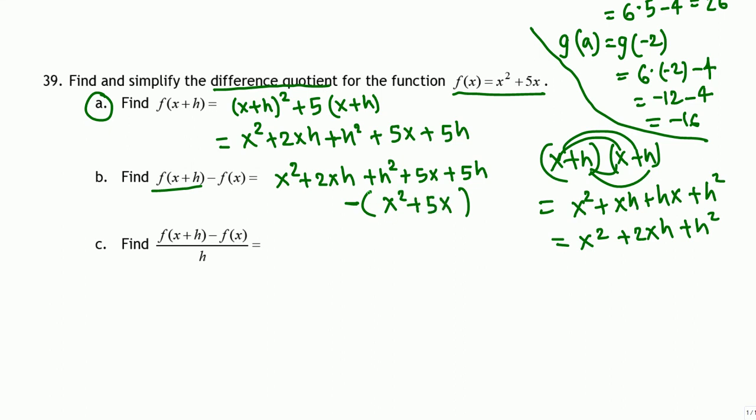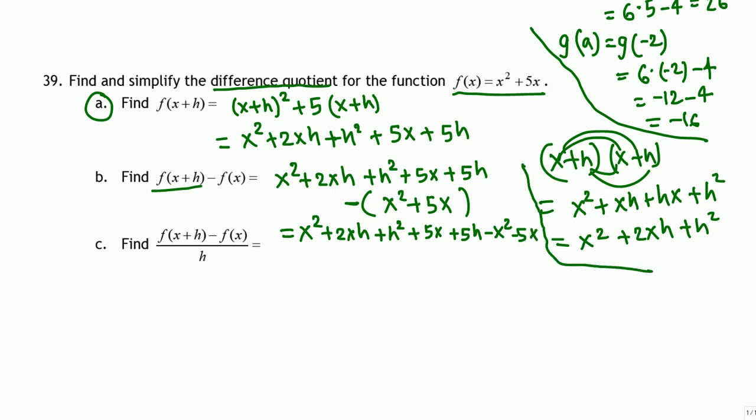Okay, let's distribute -1 so that we can get rid of the parentheses. We have x squared plus 2xh plus h squared plus 5x plus 5h. This is negative 1, so negative x squared, and minus 5x.